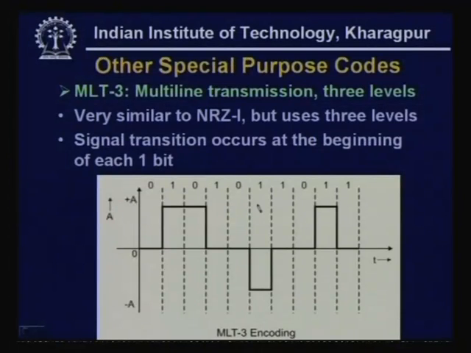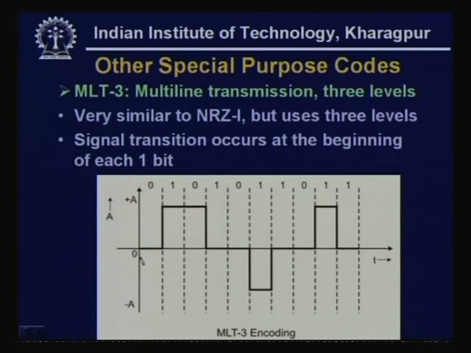Then there is another special purpose code, known as MTL3, multi-line transmission, version 3. Here also we use 3 levels. It is very similar to NRZ-I. In the case of NRZ, we have seen that we use inversions, non-return to zero inversion, but instead of 2 levels, here we are using 3 levels.